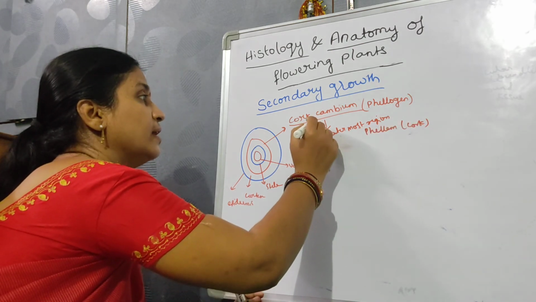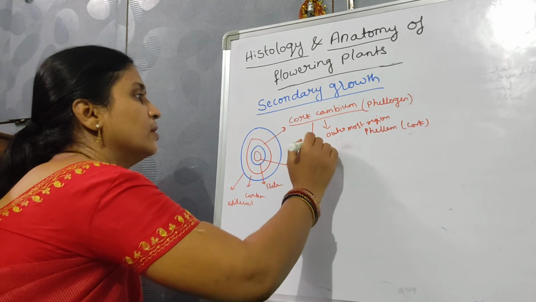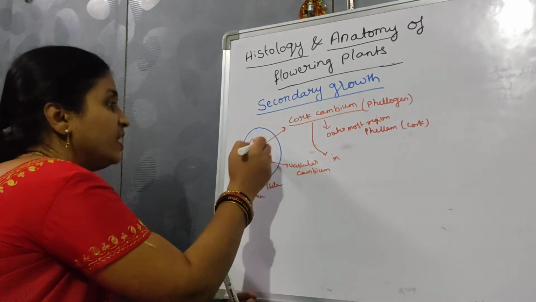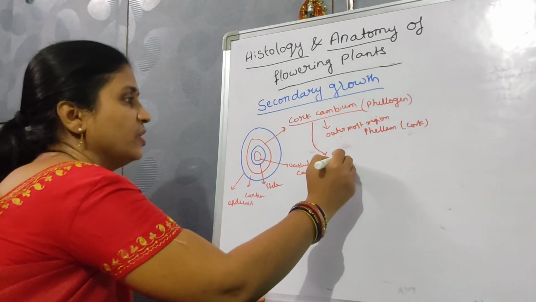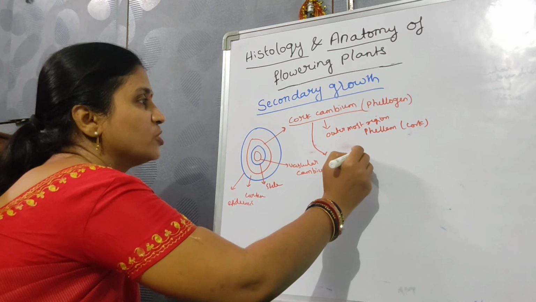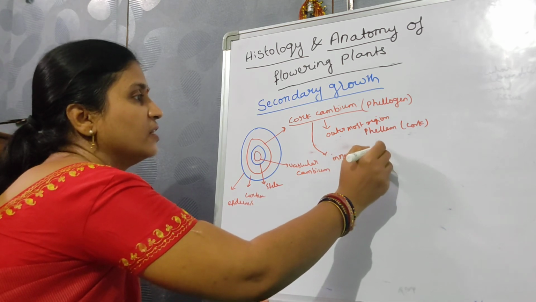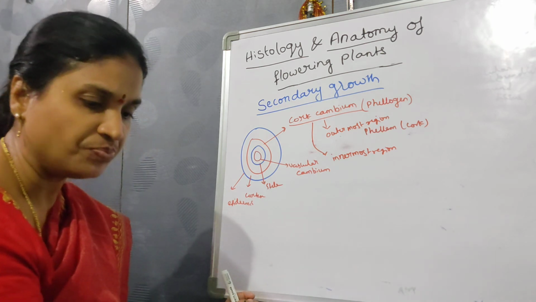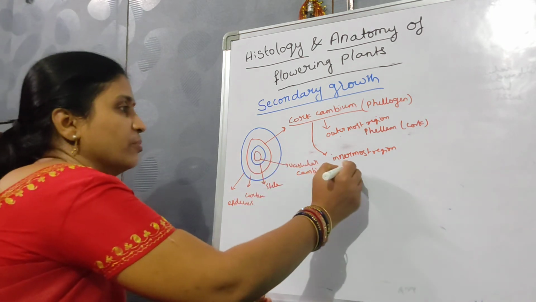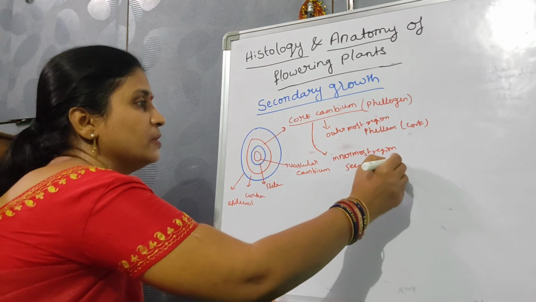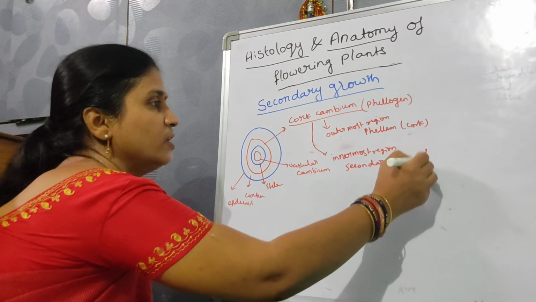Then the innermost cells, which are going to be cut inner to the stem, to the central portion, that is going to form into the secondary cortex or the phelloderm.